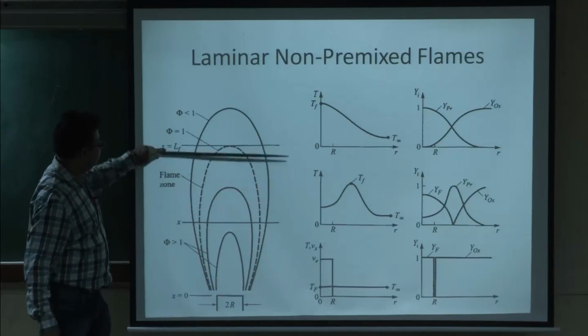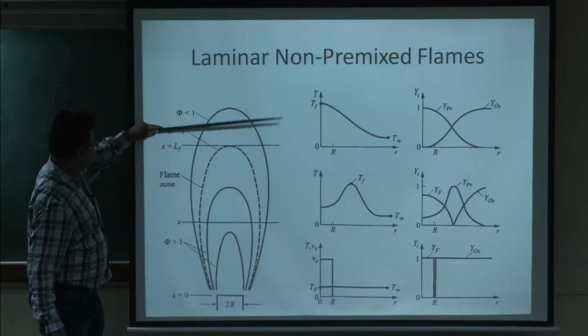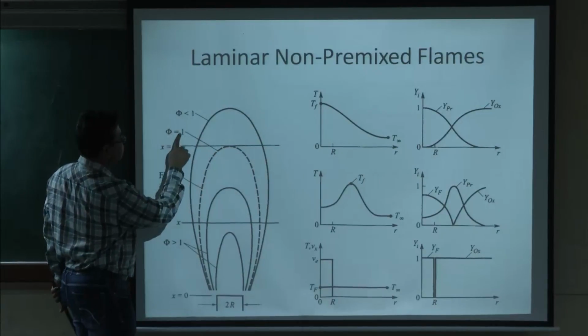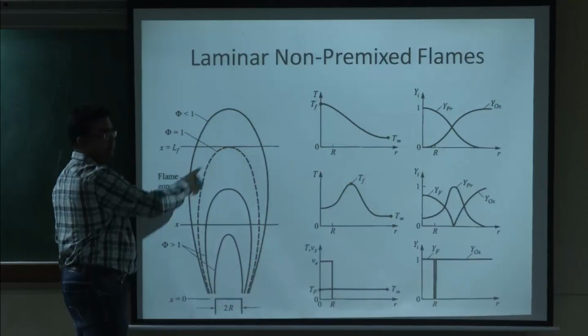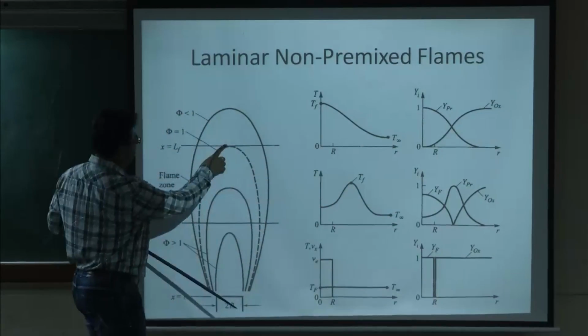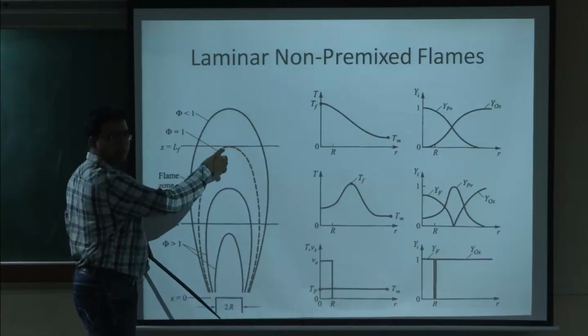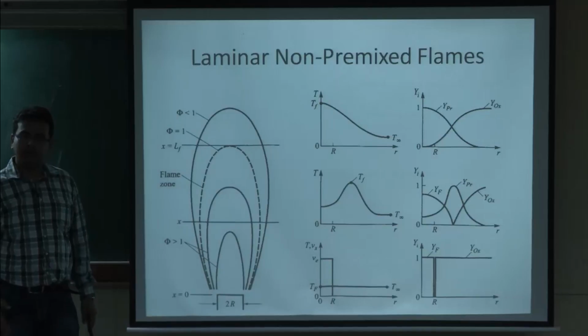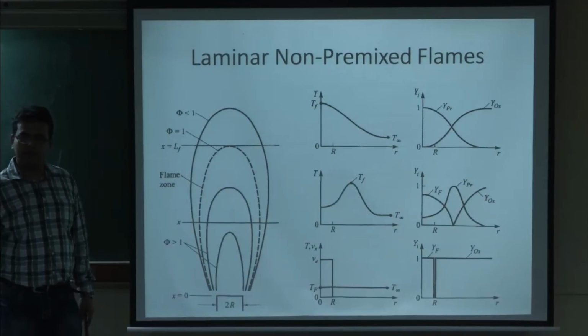If I take another section which is just touching the isocontour of equivalence ratio 1, right. So, what you see here, equivalence ratio is 1 here, okay. So, I expect that there will be no fuel and oxidizer present. So, the only thing will be product, okay.